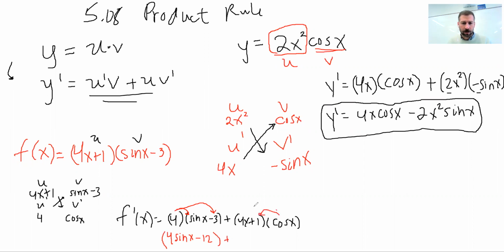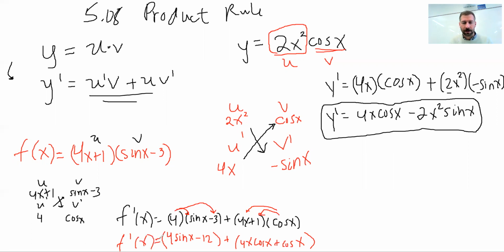Well, that's all multiplied by cosine of x. So I can call this 4x cosine x. 1 times cosine is just cosine x. And I can add all of these things together. I don't think there would be any common terms here to put together. So this would really just be our answer here.